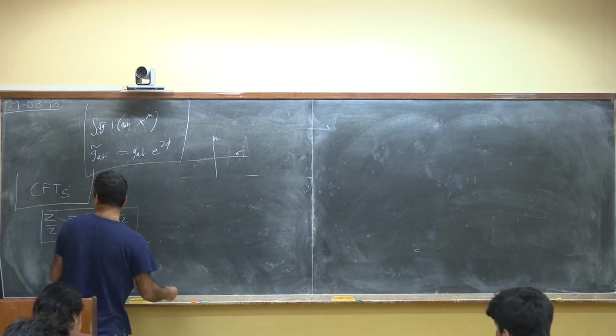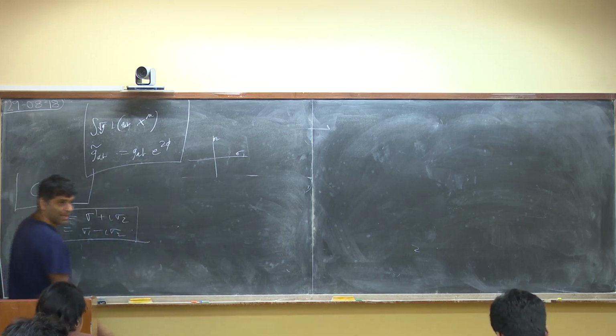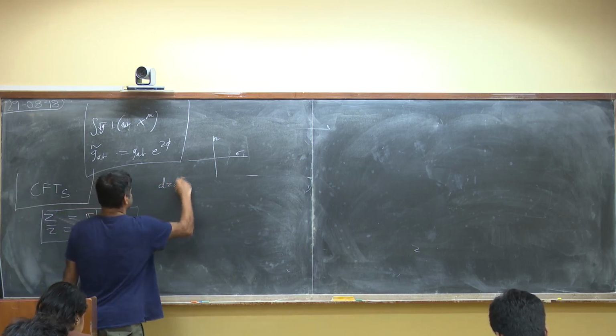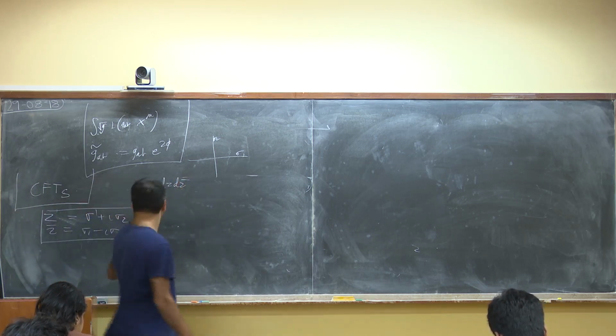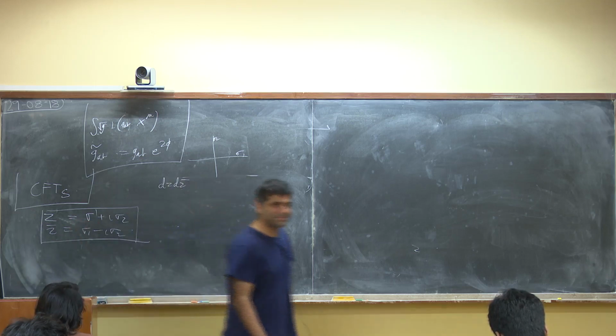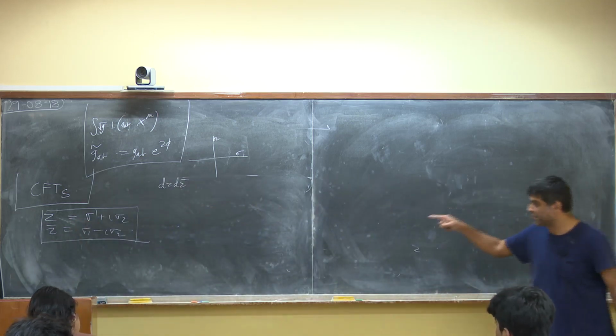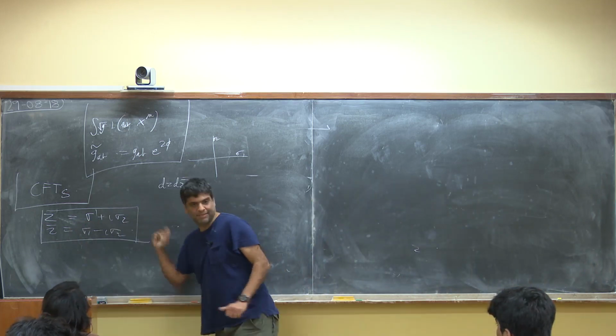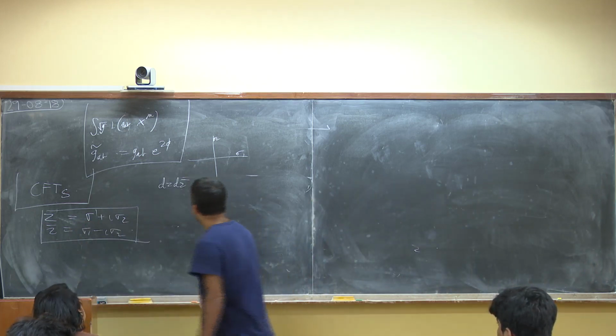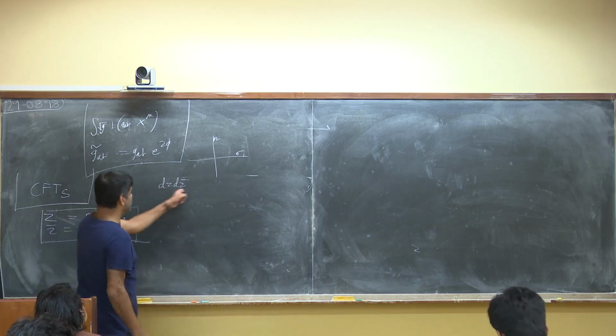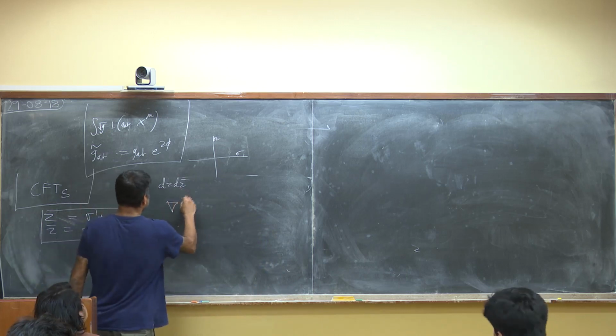Now, two or three other things. Firstly, what is the metric in these coordinates? Clearly, the metric is ds squared equals dz dz bar, just because a plus ib times a minus ib is a squared plus b squared, when you substitute dz is d sigma 1 plus i d sigma 2.